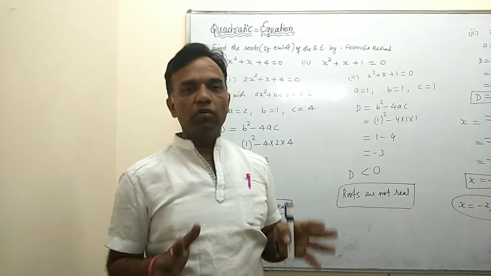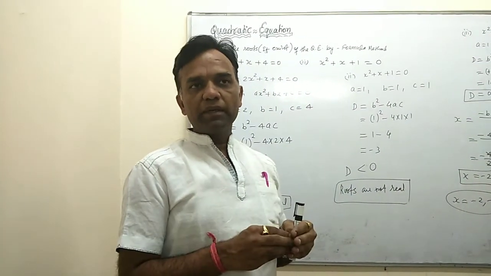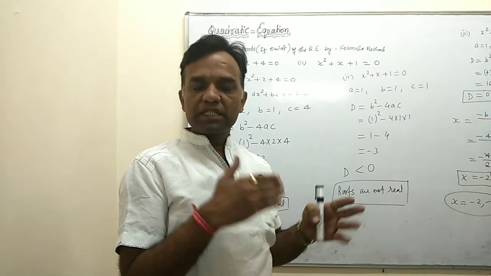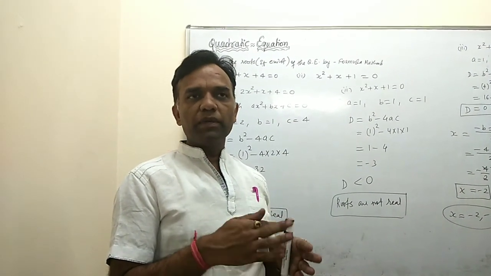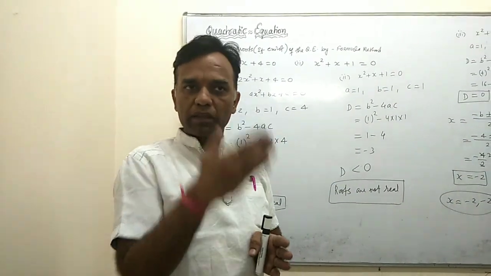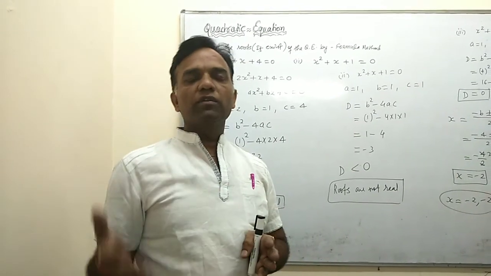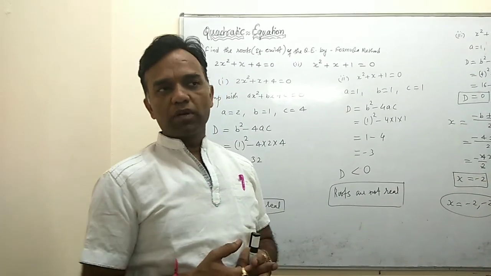In this video we found that all the questions are related to the formula method, and the concept of discriminant is also illustrated. So you do the practice: take more examples yourself and put them in the formula. First you find the nature of the roots, then you put in the formula and get the values of the roots of the quadratic equations.